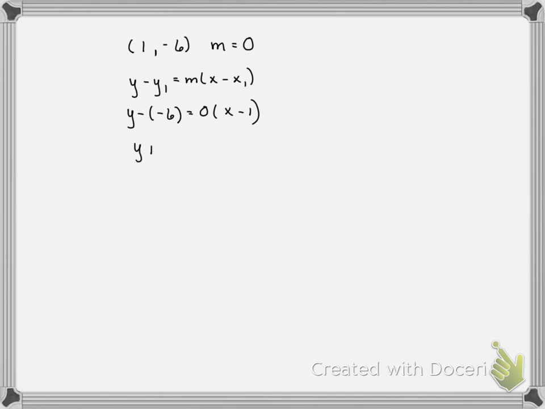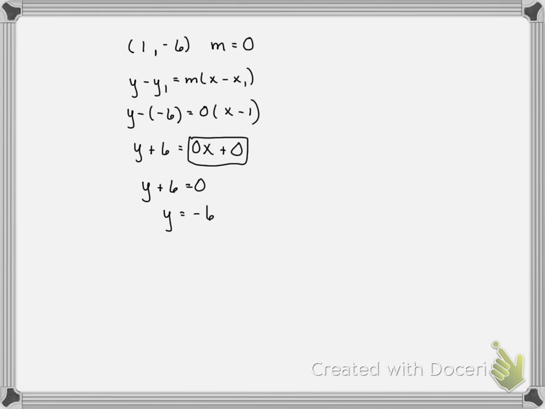So we have y plus 6 on the left. 0 times x is 0x, and 0 times negative 1 is 0. So we get zeros over here. So in other words, y plus 6 is equal to 0. And when we solve that, y is equal to negative 6.